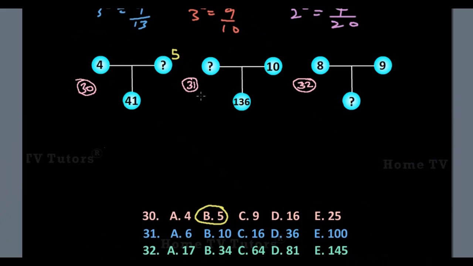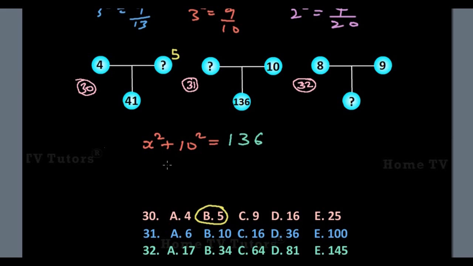Now question 31. Remember the addition of the square of the two numbers. This is unknown, so x is representing that, so the square of that plus the square of 10 are both equal to the number at the bottom, which is 136.